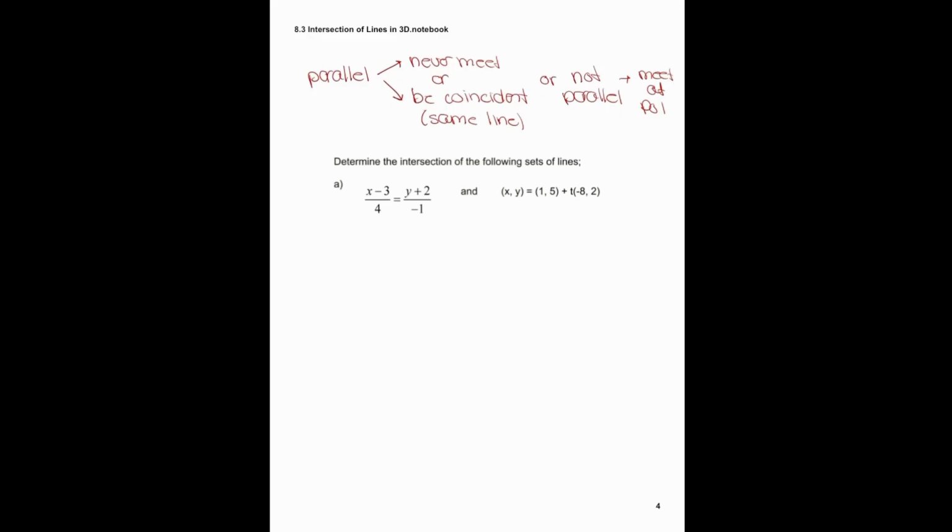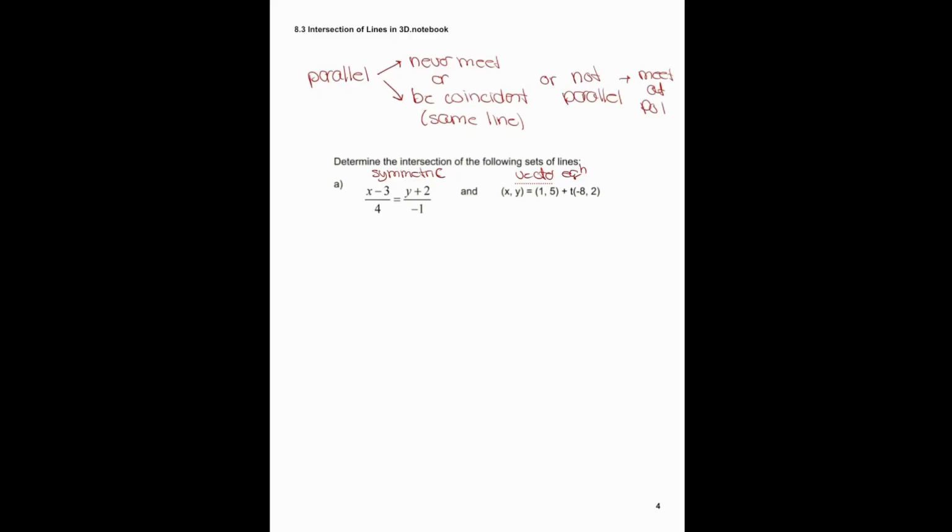So here we have 2 equations. We have a symmetric equation, and we have a regular old vector equation. The first step with this is always going to be to check to see if the direction vectors are parallel. And remember, the direction vectors will be parallel if they are scalar multiples of each other.